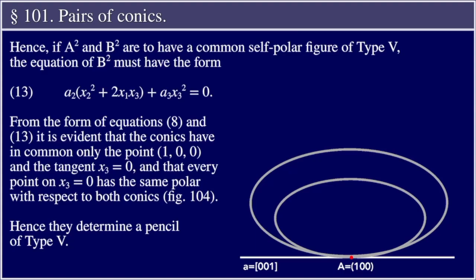From the form of equations 8 and 13, it is evident that the conics have in common only the point (1, 0, 0) and the tangent x3 equals 0, and that every point on x3 equals 0 has the same polar with respect to both conics, figure 104. Hence, they determine a pencil of type 5.